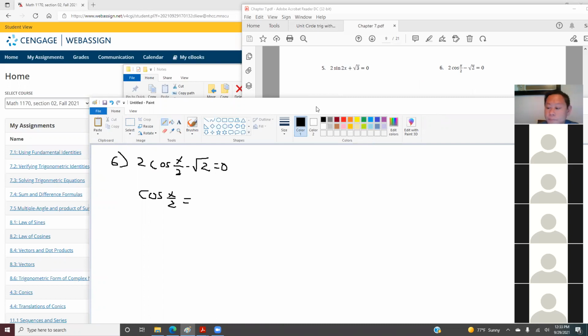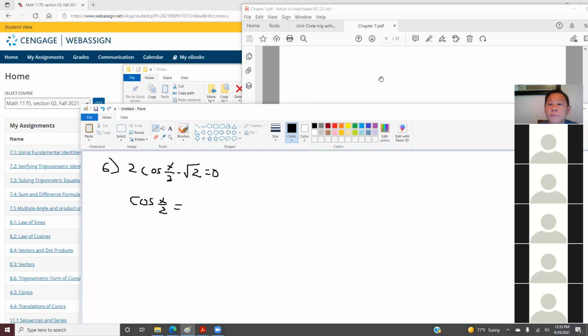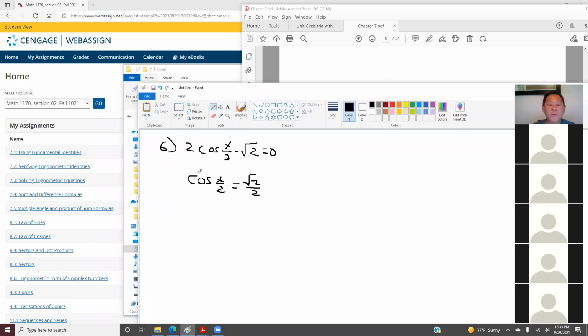Would it be root 2 over 2? Yep, that will be root 2 over 2. And then we move the cosine over, so this will be the arc cosine of root 2 over 2. Now this is not x or 3x, this is x over 2. Remember last time we got 3x or 2x, we divided by 2 or 3. This one we will have to multiply by 2.